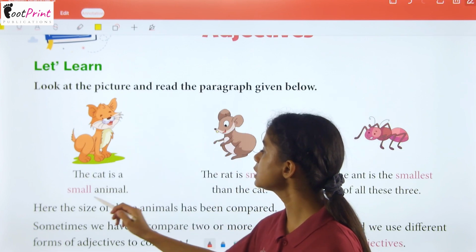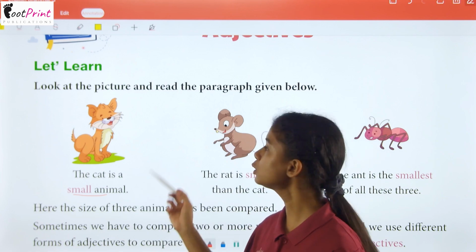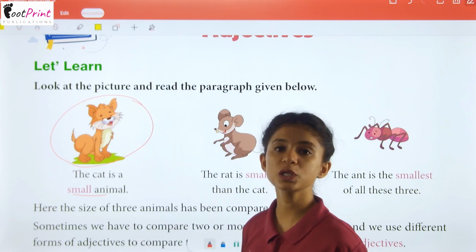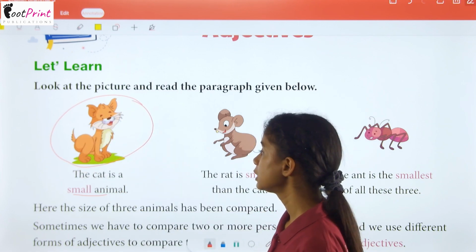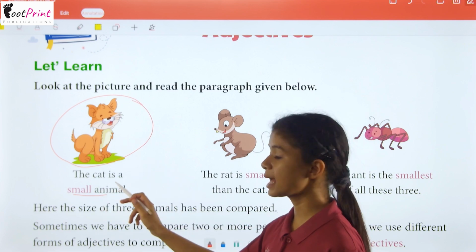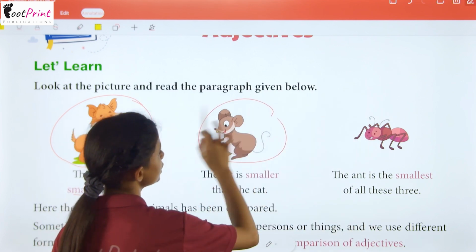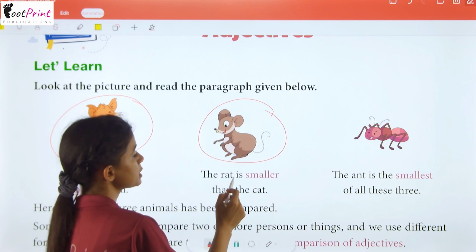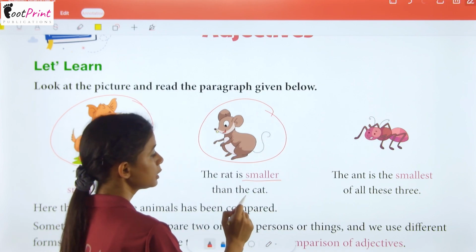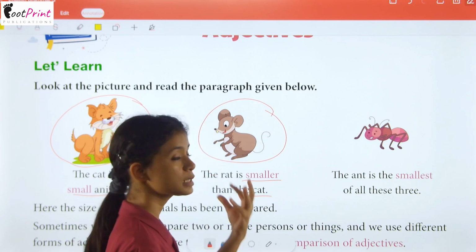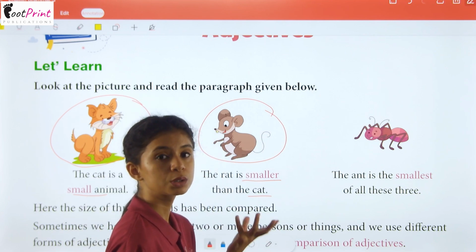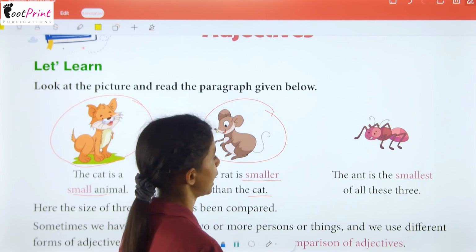The cat is a small animal. Here we have the picture of a cat, and the sentence says that the cat is a small animal. Now, in this picture we have a rat. The rat is smaller than the cat. So, it is smaller than the cat.